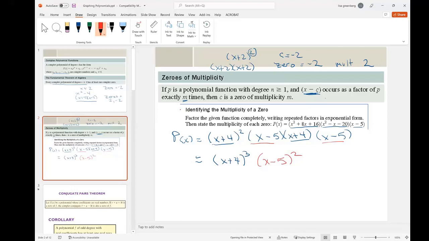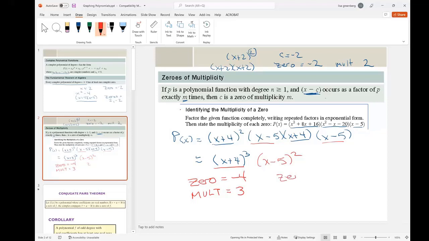Okay, so factor the given function completely. I did. Writing repeated factors in exponential form. I did. And then state the multiplicity of each 0. Well, here I have a 0 of -4, because -4 makes that 0, with a multiplicity of 3.